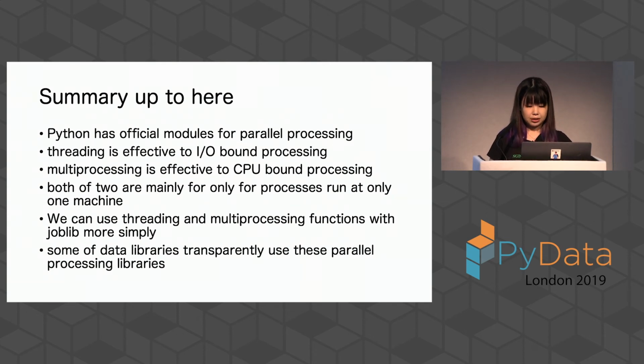For example, NumPy is multi-threaded using BLAS or C implementation. When we run TensorFlow with CPU, TensorFlow is multiprocessed using backend implementation. And scikit-learn depends on joblib. So we, in fact, use parallel processing unconsciously.